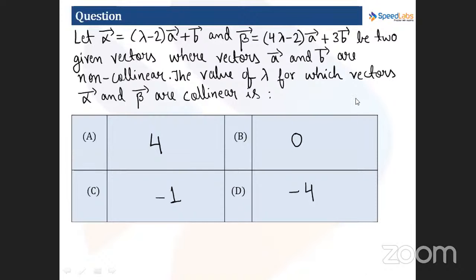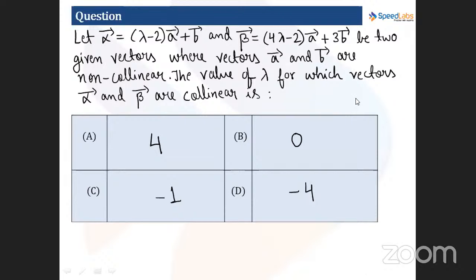This is the question. Let alpha vector equal to (lambda minus 2) a vector plus b vector and beta vector is (4 lambda minus 2) a vector plus 3b vector. These are the two given vectors where vectors a and b are non-collinear.